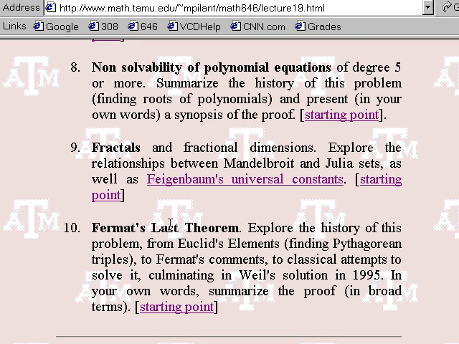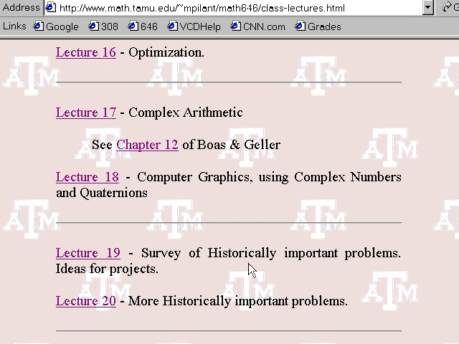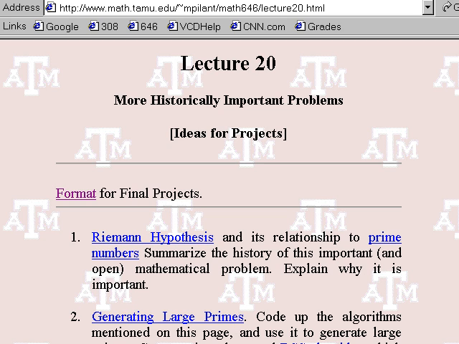And between like a 10-year period between 1908 and 18, there were over 1,000 incorrect proofs of Fermat's last theorem published. So I don't necessarily make a career out of publishing incorrect proofs, but that's an indication of the difficulty. So today's lecture, I wanted to just branch off.